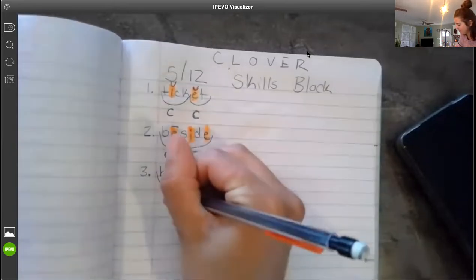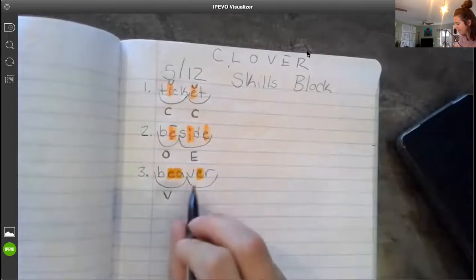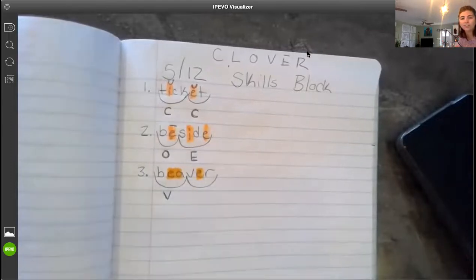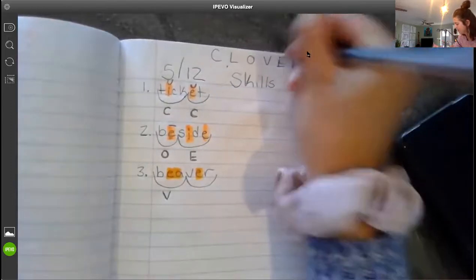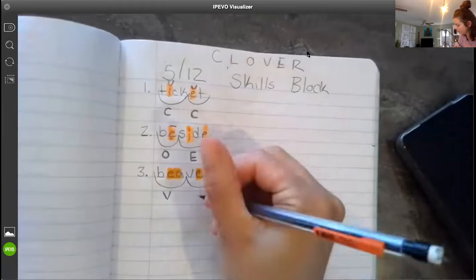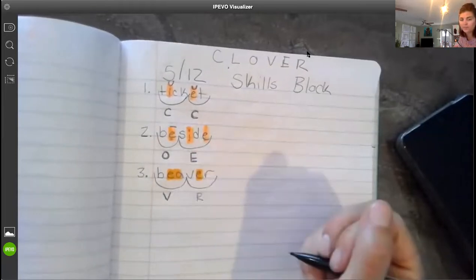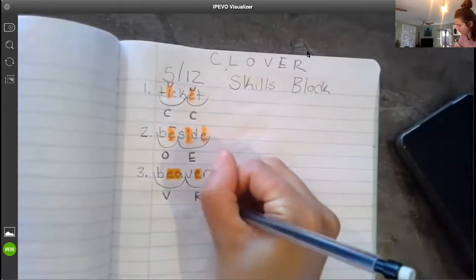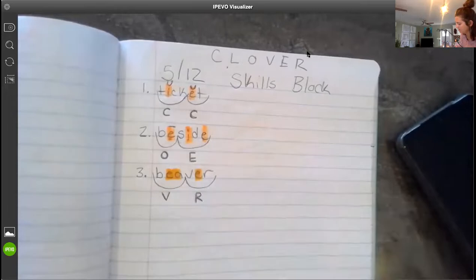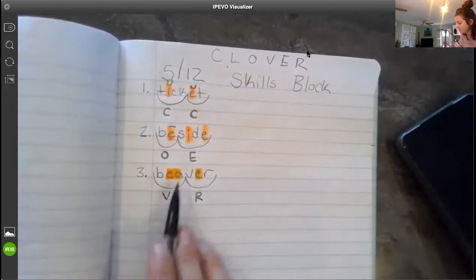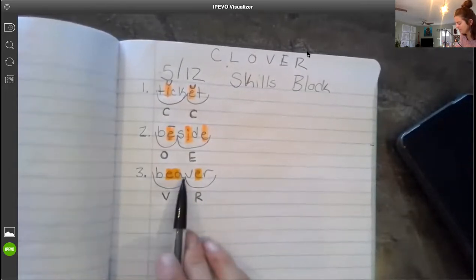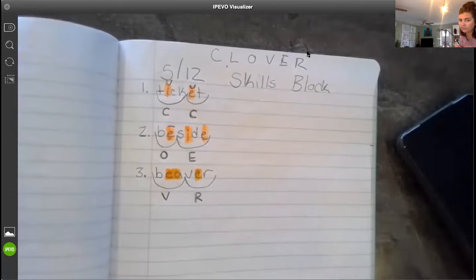That is going to be a vowel team. Good job. And V-E-R, ver. What concept is that going to be? An R control, because look, it's an E-R at the end. So the first syllable is a vowel team. The second syllable is an R controlled.